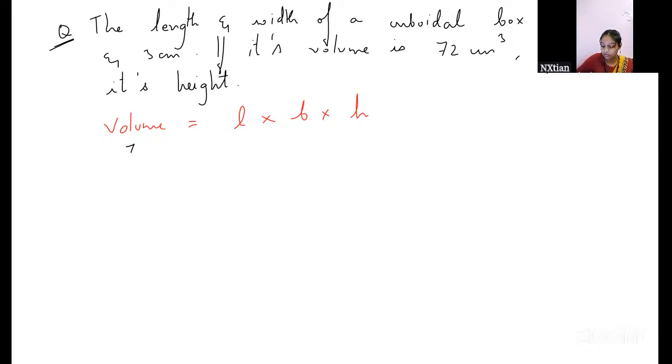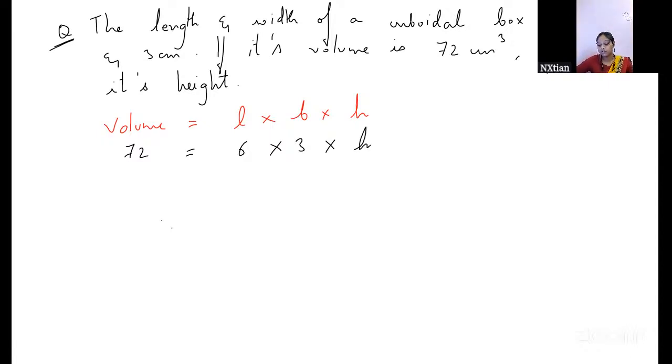We have 72. Length we have how much? 6. Width we have how much? 3. Height is 4 cm. Okay, 4 cm is the right answer.